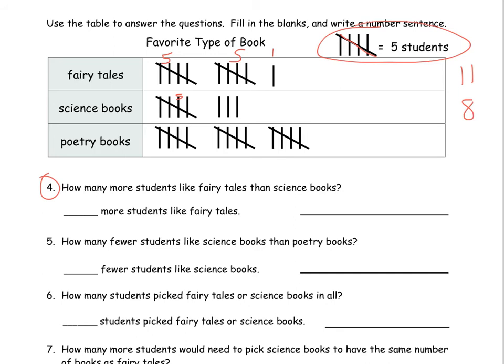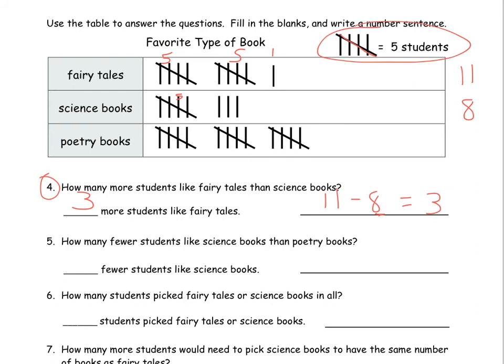So how many more students like fairy tales than science books? And I know if I'm trying to find out how many more or how many less or how many fewer, I'm going to subtract those two. And I'll get 3. And I can subtract that, or I can count on from 8 to get myself up to 11. That helps me with the strategy too.